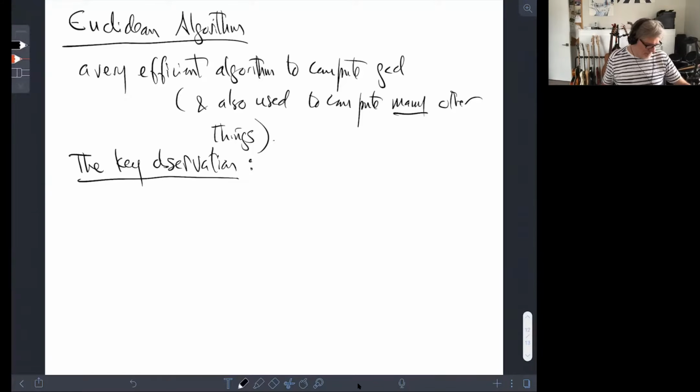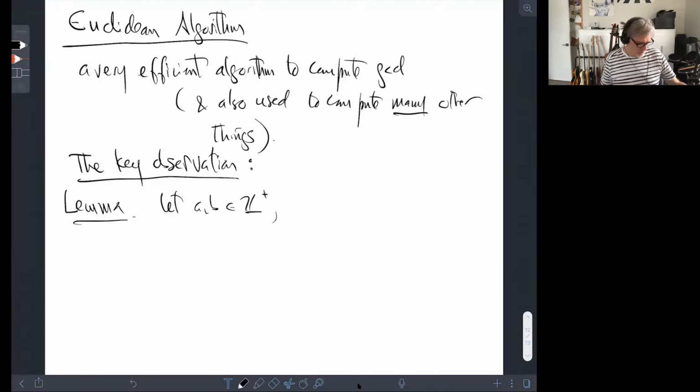So I'm going to write this as a lemma. Let A and B be integers, and write A equals BQ plus R using the division algorithm.